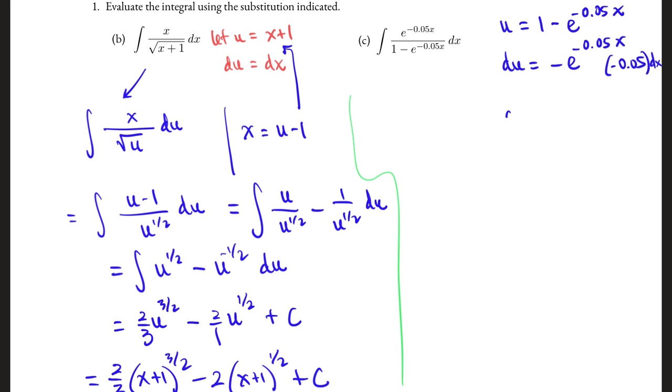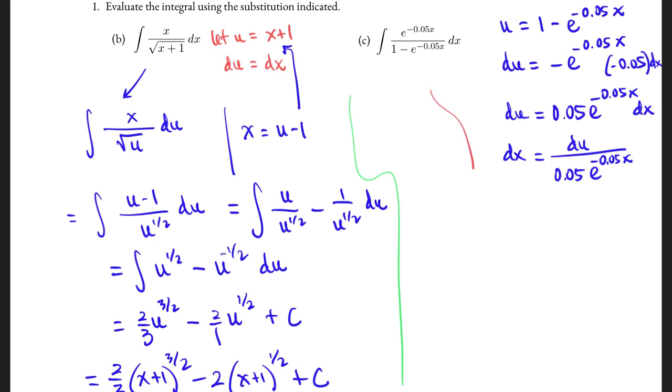And so du equals positive 0.05 e to the negative 0.05x dx. Dx by itself is therefore du over 0.05 e to the negative 0.05x.